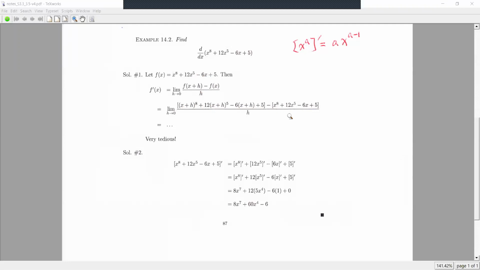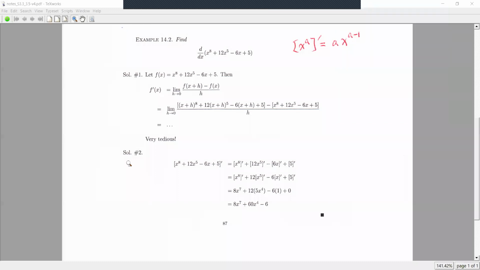To find this limit, plug in 0 for h, but then I will have 0 over 0. I cannot tell the limit. To tell the limit, simplify the function. I expand these 2 powers. Then I see many cancellations. This solution is very tedious. Let me skip this solution.